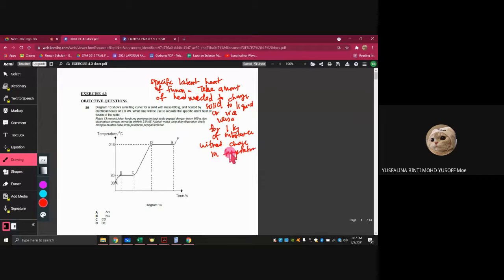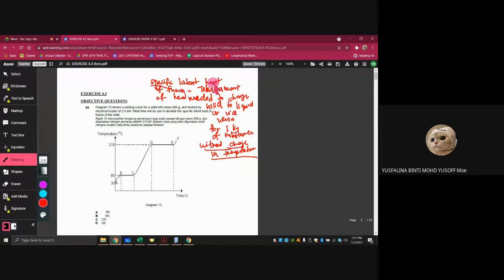So that's the meaning. You must state the phase change, from solid to liquid and liquid to solid. And you must state for 1 kg of substance, because this one is specific. Also state without change in temperature, or the temperature is constant. That would also be acceptable.